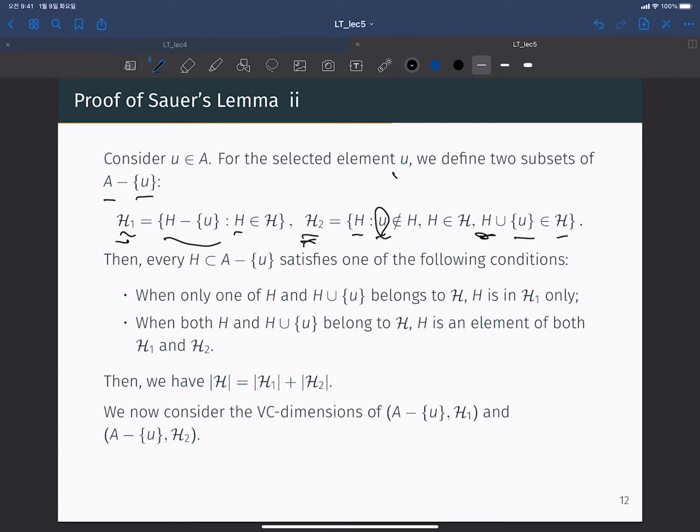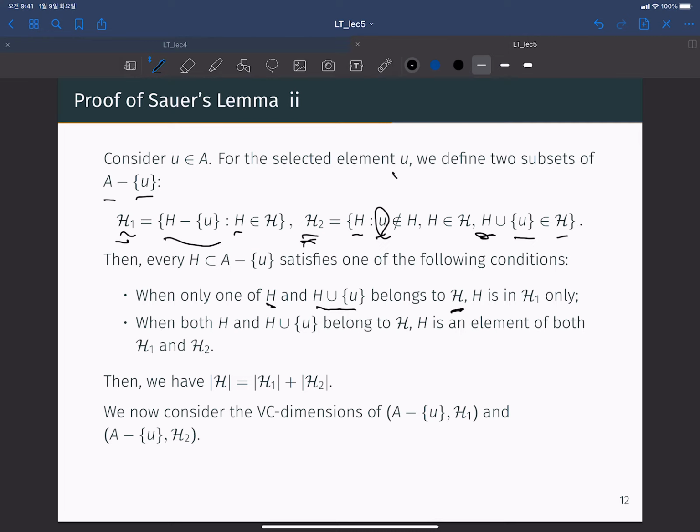Then every H defined on A minus U satisfies one of the following conditions. When only one of H and H union U belongs to the original hypothesis set H, let's check whether H belongs to H1 or not.